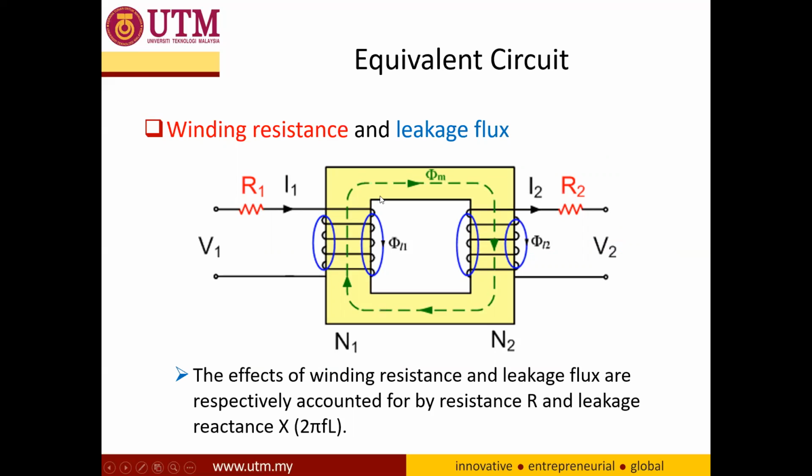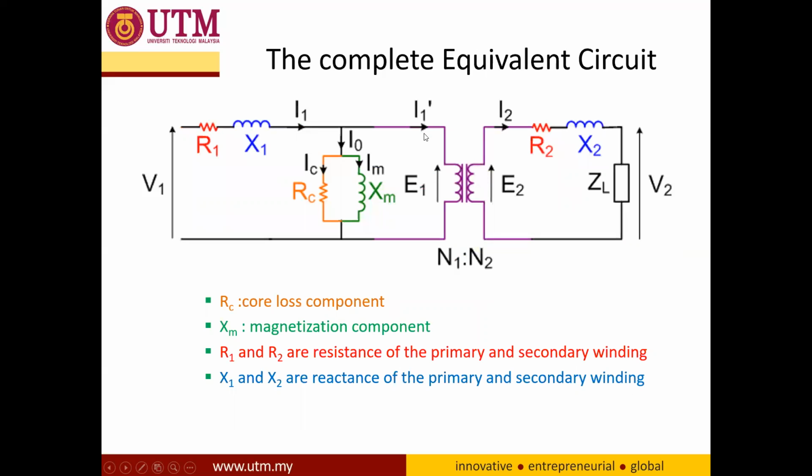Next is the winding resistance and the leakage flux, R1 and X1. R1 represents the internal resistance of the primary winding, and X1 is the leakage inductance at the primary side.